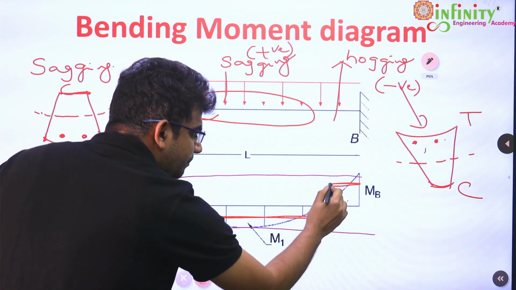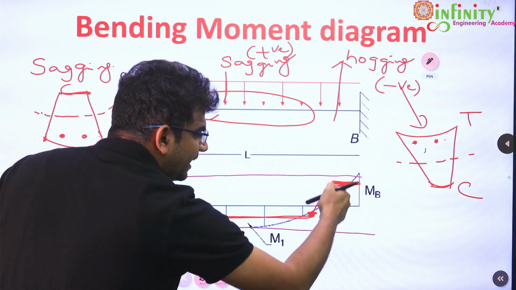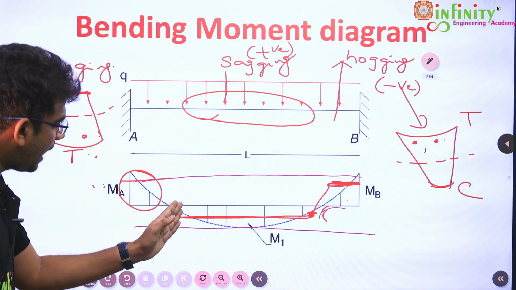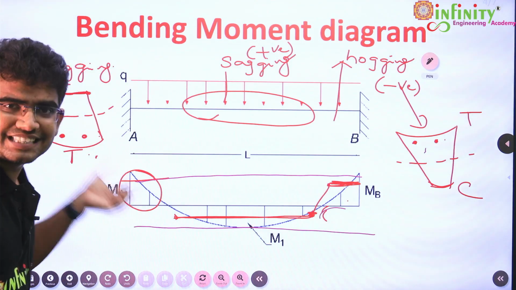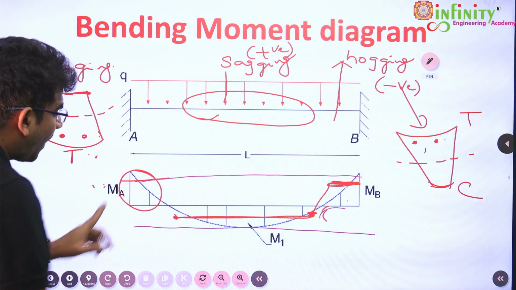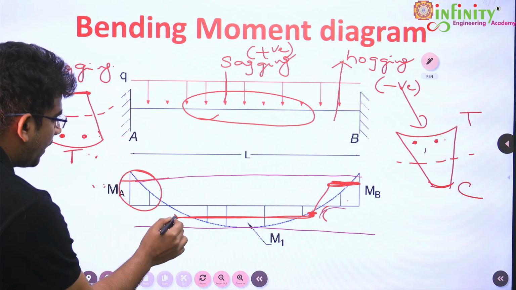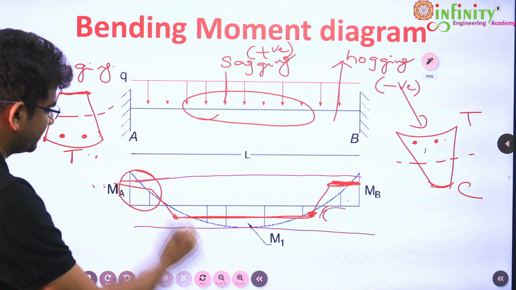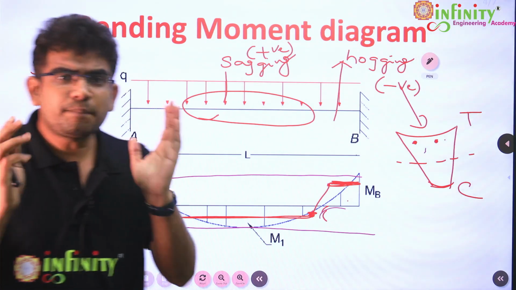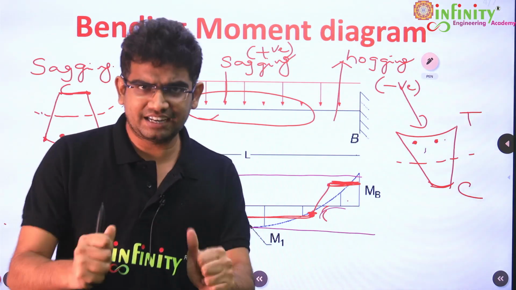I will bend my bars like this, and extend the tension reinforcement above the neutral axis. Same I will do on this side also. Beyond this point, bending moment is negative, so hogging moment, tension will be above the neutral axis. So I have to keep the bars like this. So that's the purpose we provide the bent up bars in the RCC beam.